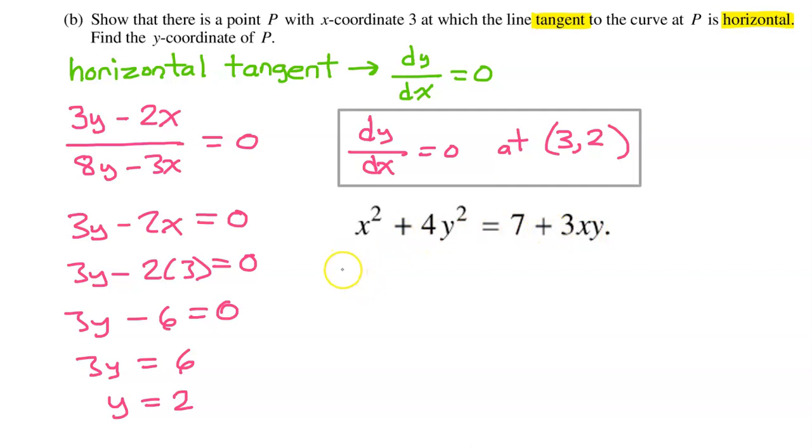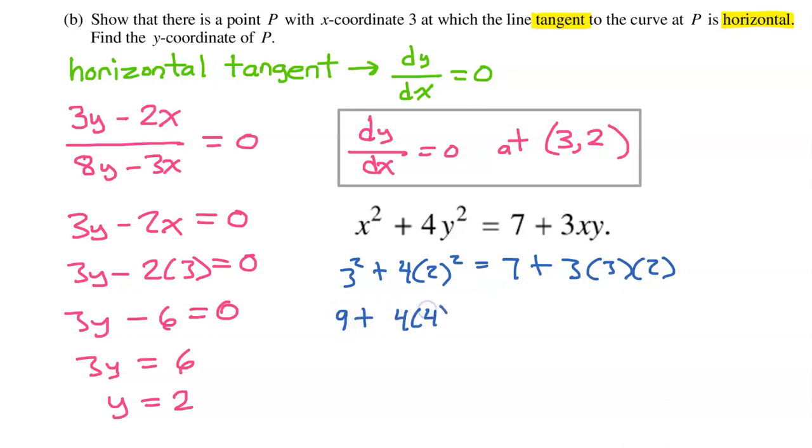So that will give us 3 squared plus 4 times 2 squared is equal to 7 plus 3 times 2. So this will be 9 plus 4 times 4 is equal to 7 plus, well, this is 9 times 2, which is 18. So we have 9 plus 16, which is 25.